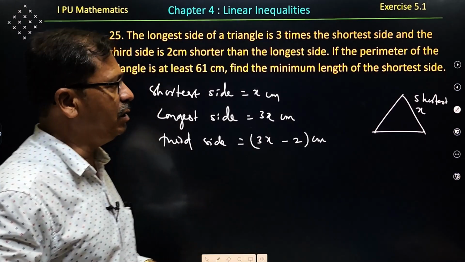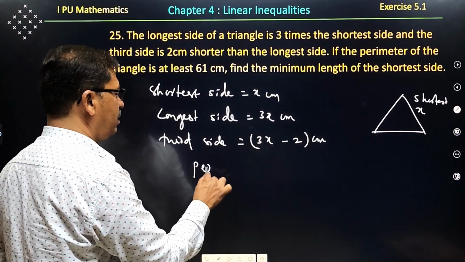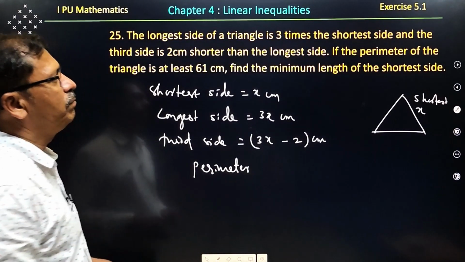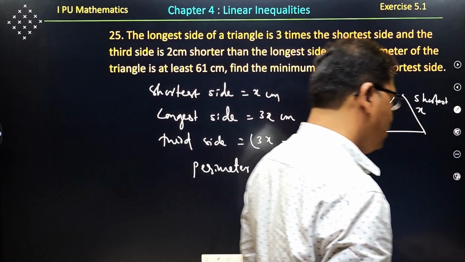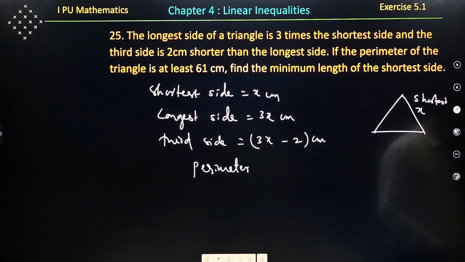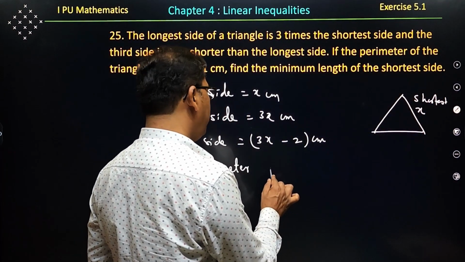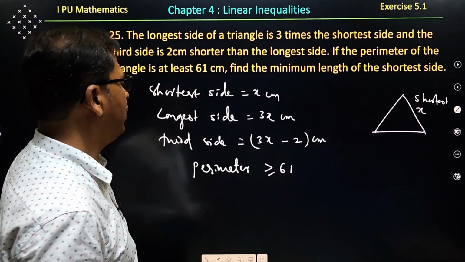If the perimeter of the triangle is at least 61 centimeter, means greater than or equal to 61.